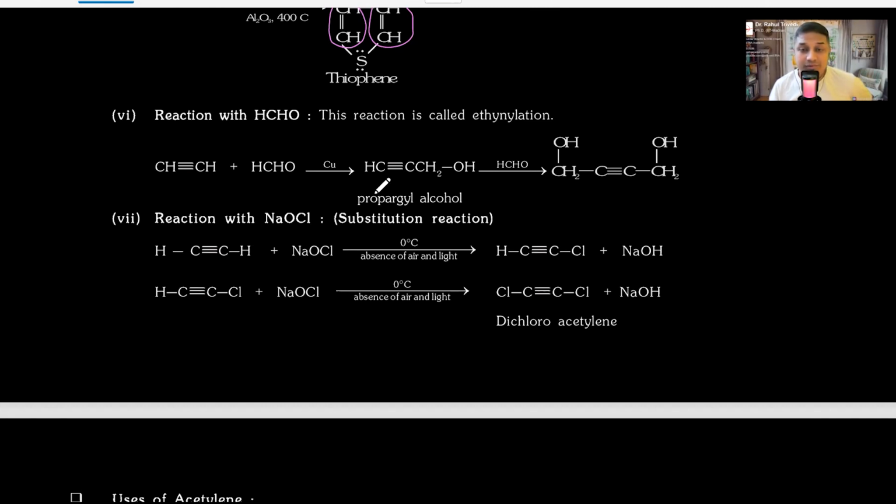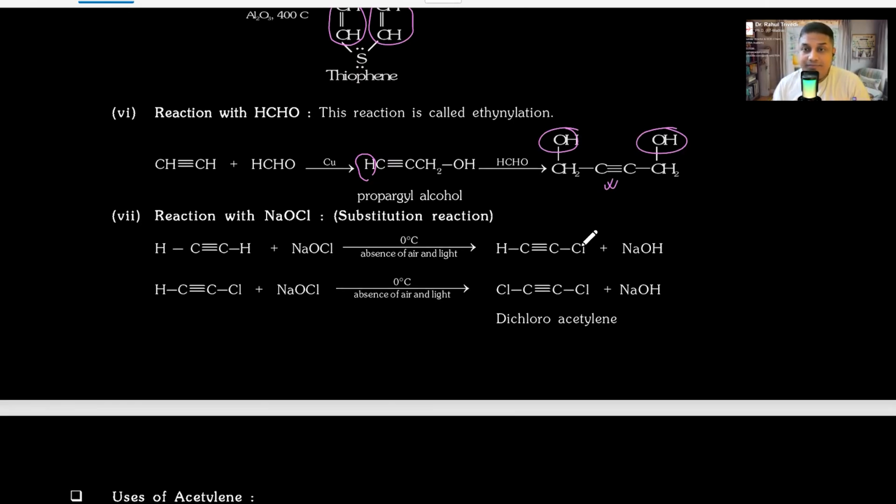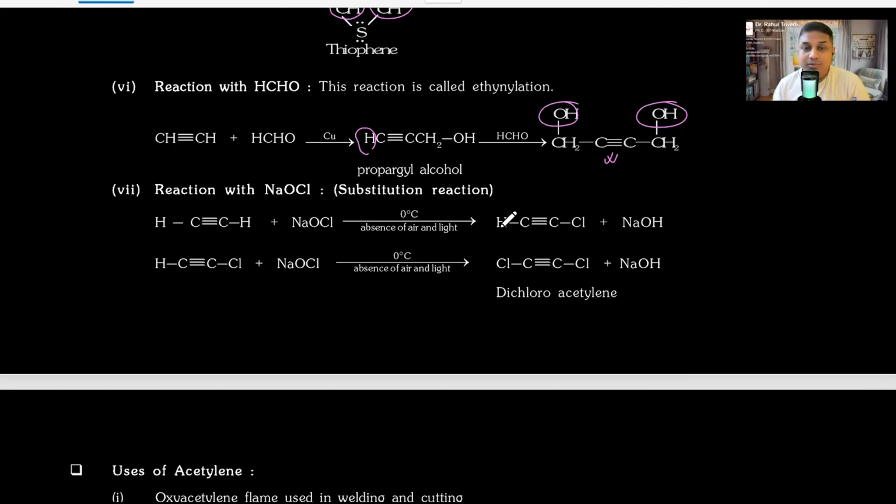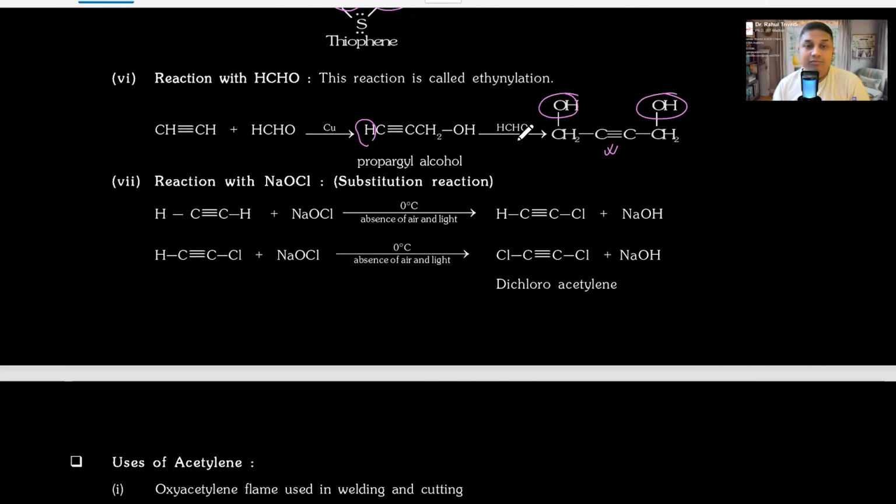So alcohol formation happens. Good. If you bring another molecule, on the other carbon also it will substitute this H plus and combine there as CH2OH. What do we have now? A diol formation along with an yne. Yes? Is it clear? Yes? Propargyl alcohol, and then more exposure will produce more of this.